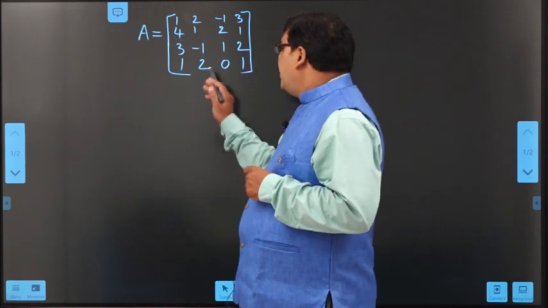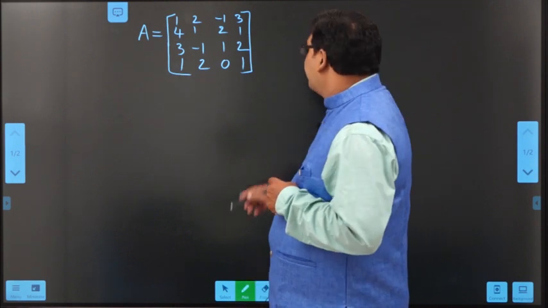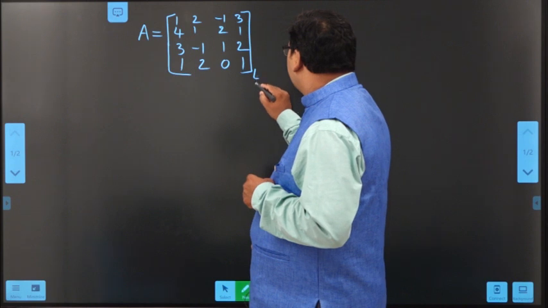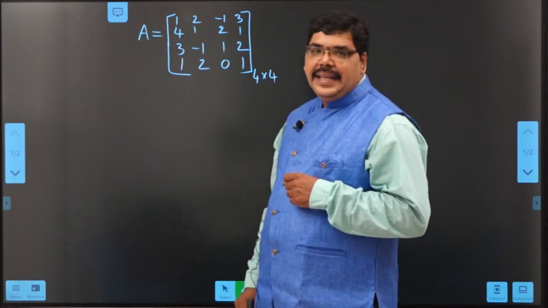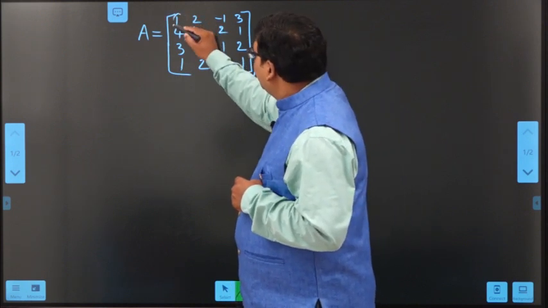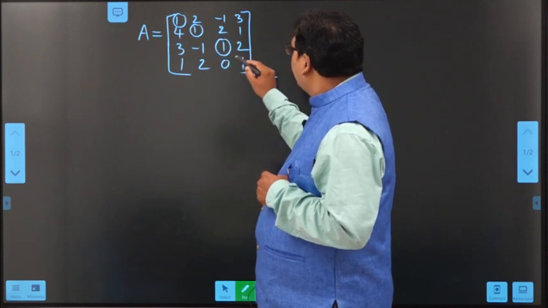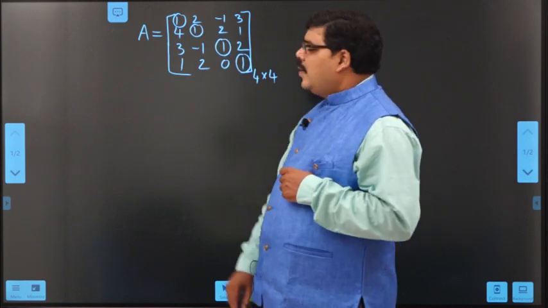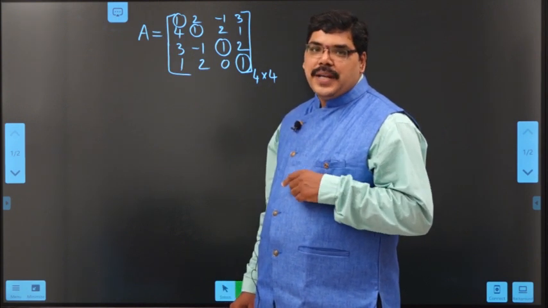Here we have a matrix capital A. This is of size 4 by 4. And here the principal diagonal elements are all equal to 1.